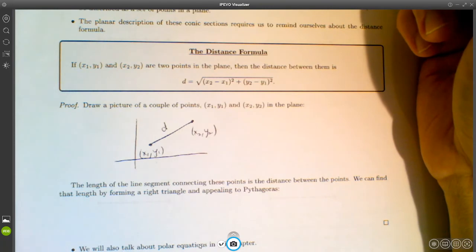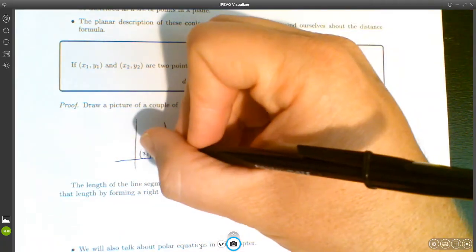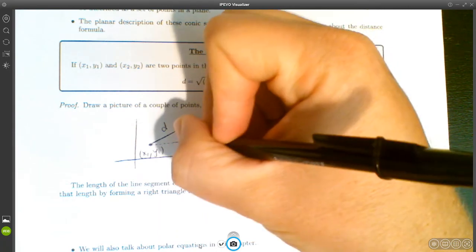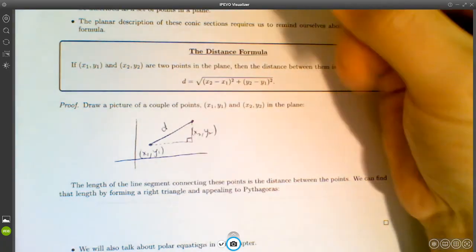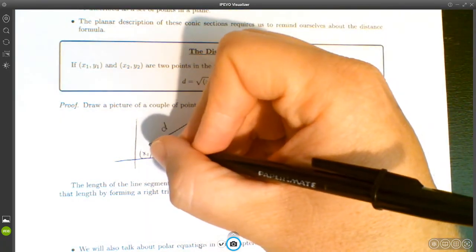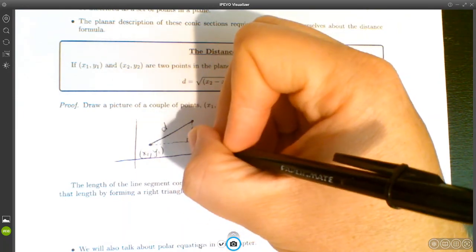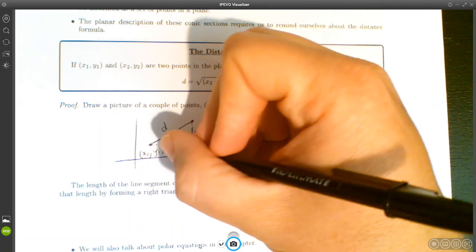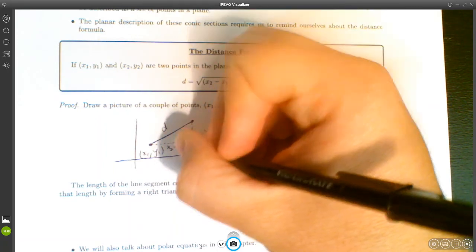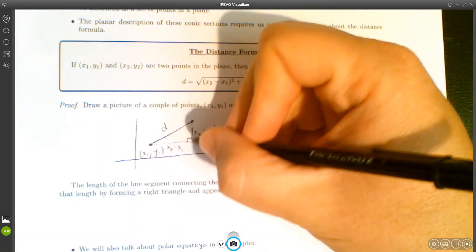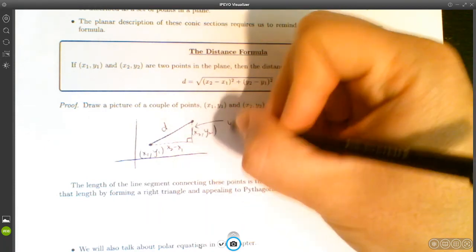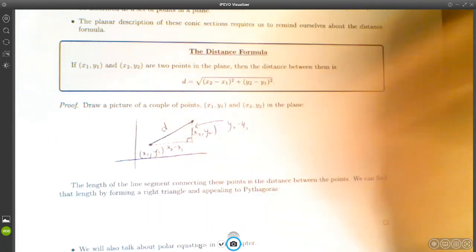Now, if you make a right triangle out of this, then the distance from here to here is going to be x2 minus x1. And the distance from here to here is going to be y2 minus y1.